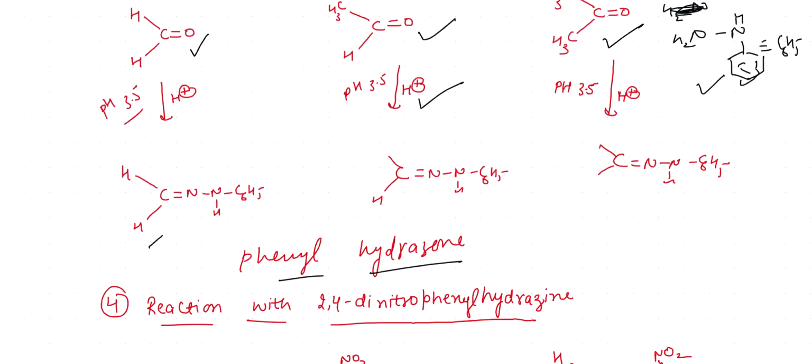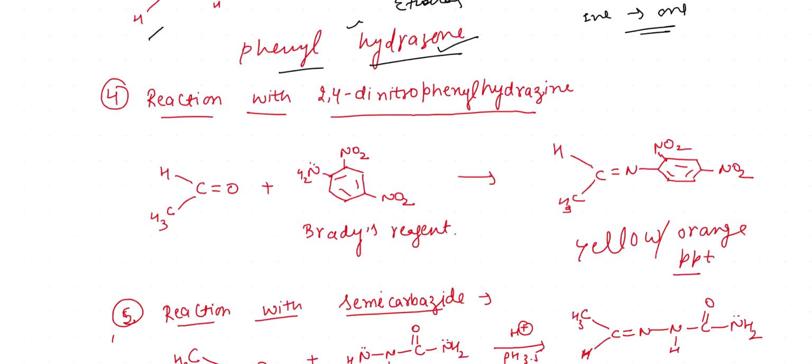The second one is ethanal phenyl hydrazone. And the last one is propanone phenyl hydrazone. So you will write the product like this. These are all Schiff bases, as there is a double bond between the carbon and nitrogen.